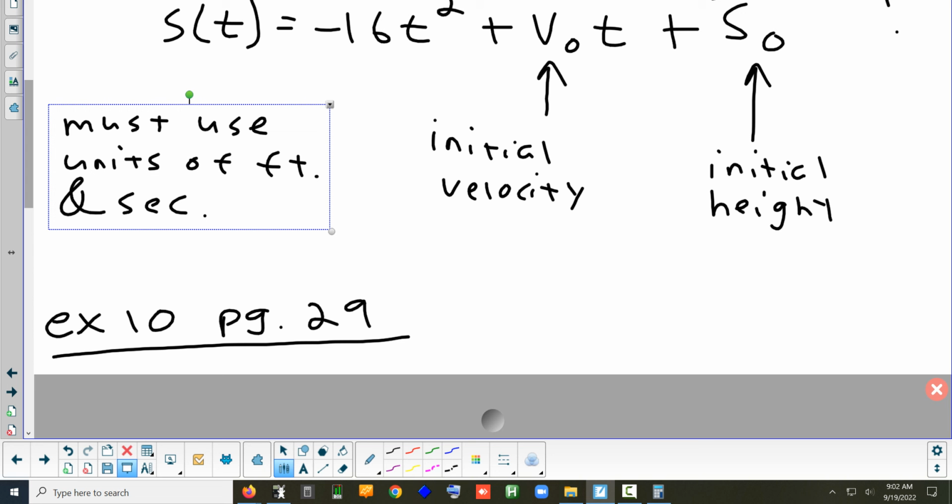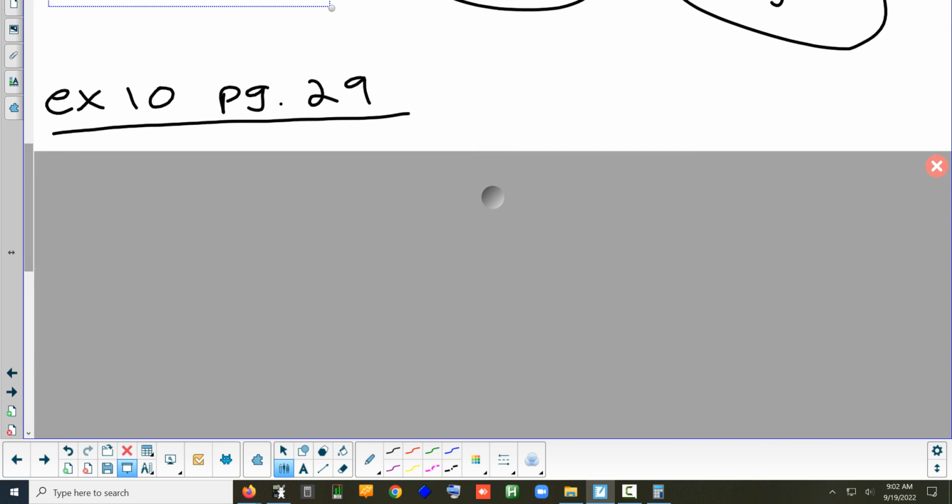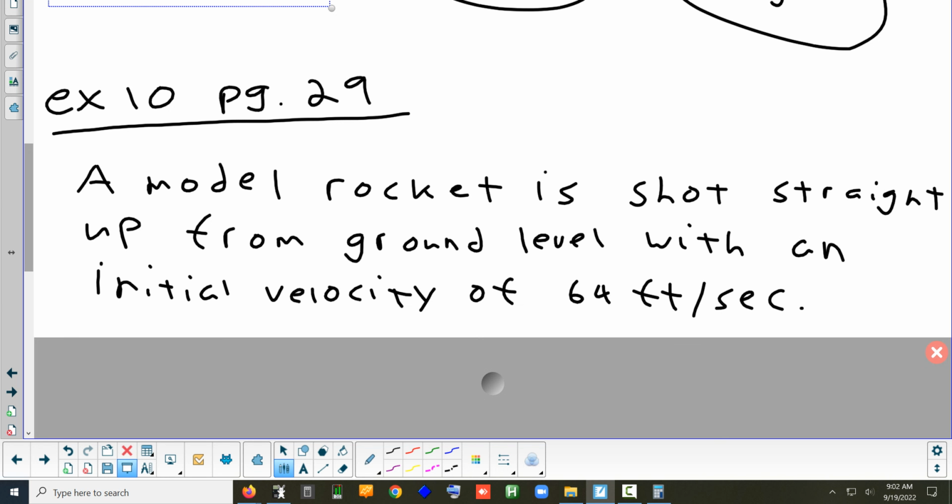So let's look at our problem, and we want to try to make sure we can find those two things in the word problem they give us. All right, so it says we're shooting a rocket from ground level with an initial velocity of 64 feet per second. So, the initial velocity, that one's pretty straightforward to find.